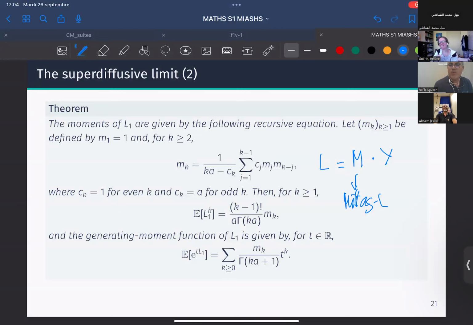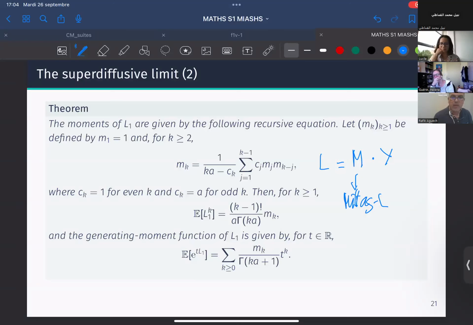Okay, L1 is for Q equal 1. Yes. Okay, and we cannot have some recursive equation for the moments of LQ in general. Yes, of course we can.